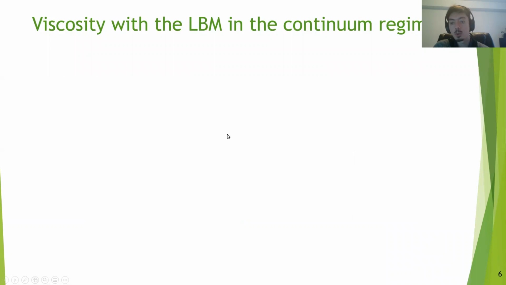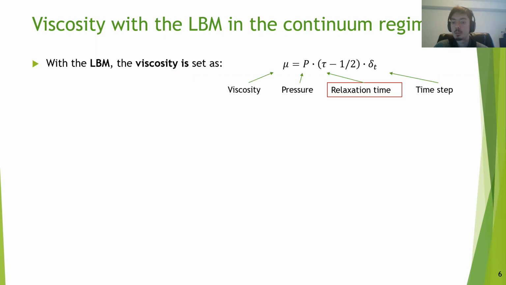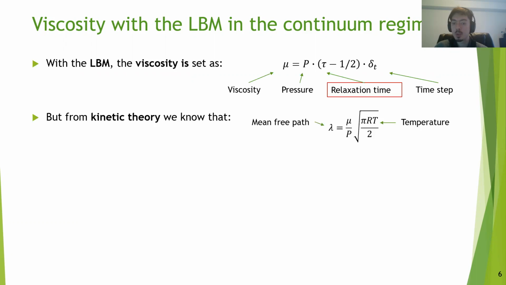So how do we set fluid properties with the LBM, such as viscosity? In the continuum regime with the LBM, the viscosity is set as equal to the pressure times the relaxation time shifted by 1/2 and the time step that is chosen. But from kinetic theory, we know that the mean free path is related to viscosity, pressure, and temperature in the following manner. And usually, temperature stays relatively constant in the domain.